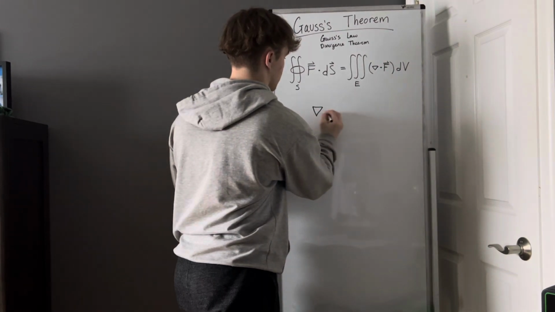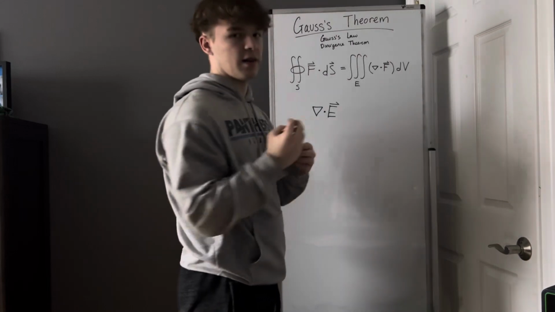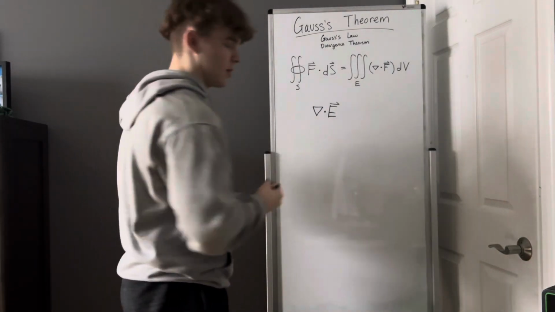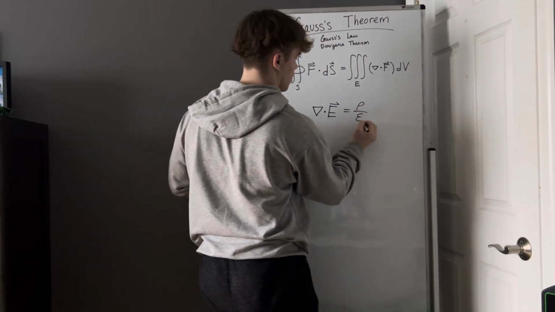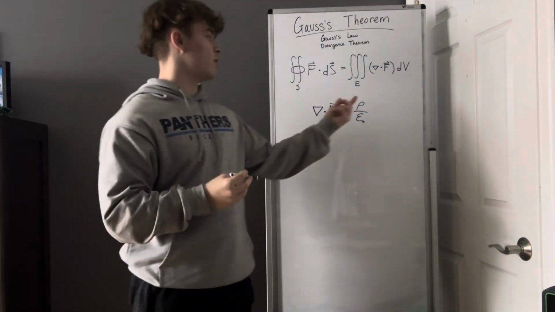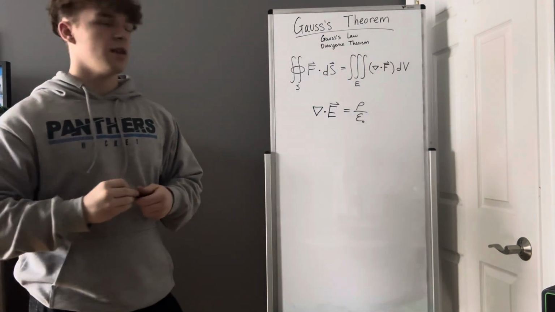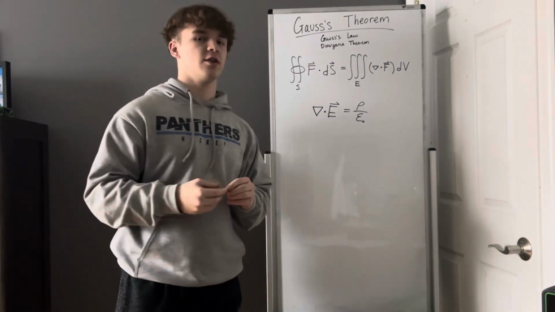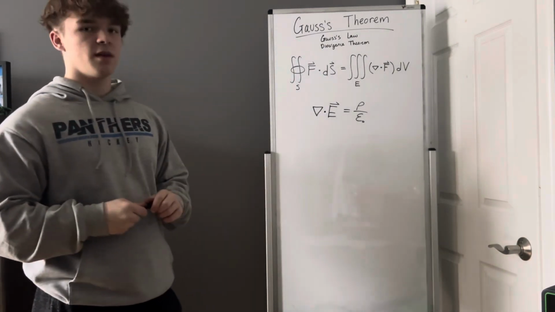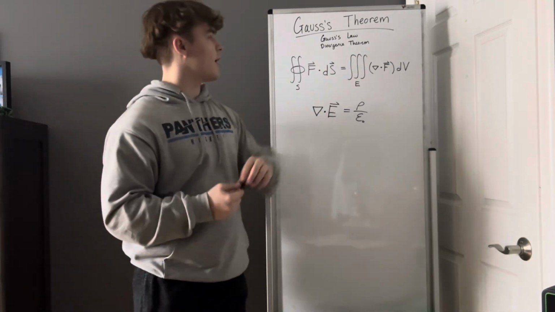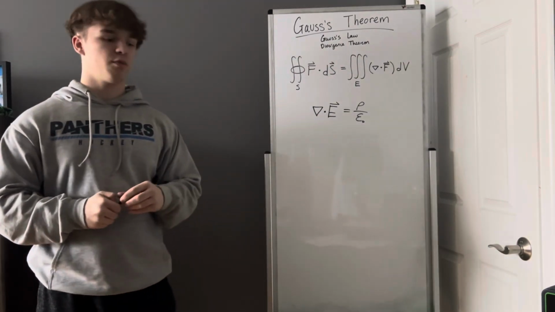So these are called Maxwell's equations, and they tell us things about electromagnetic fields. And the first one is very simple. This would be volumetric charge density. This would be epsilon naught, the permittivity of free space. This is our electric field, but we can actually apply Gauss's theorem to this exact problem.